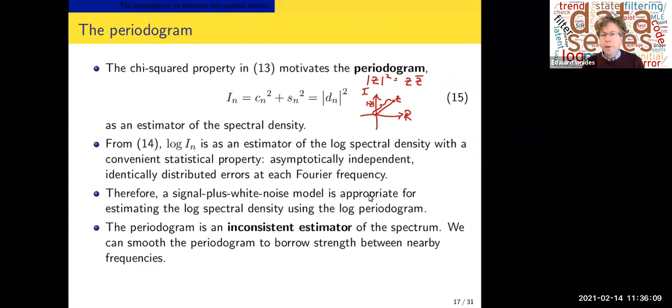And so you can build up an increasingly accurate idea of the spectral density at a given frequency, but not because that frequency component is consistent, but because we get an increasing number of approximately independent estimates of that spectral density nearby in the frequency domain.